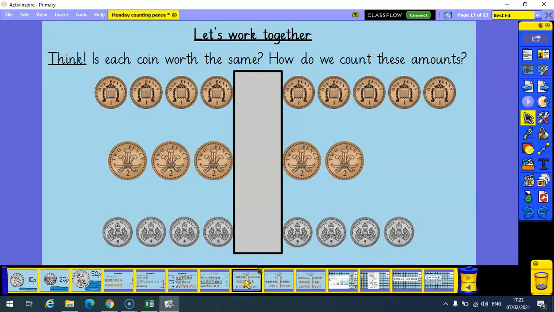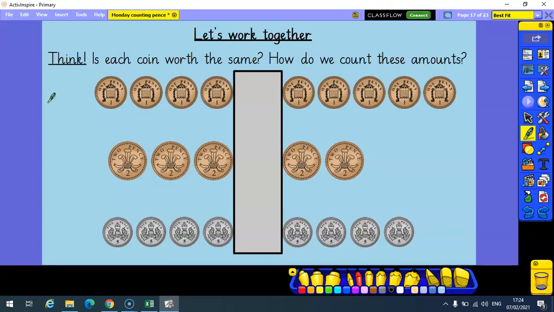What we need to do is see which row has the most. So does this side or this side have more? And we are going to use our symbols.